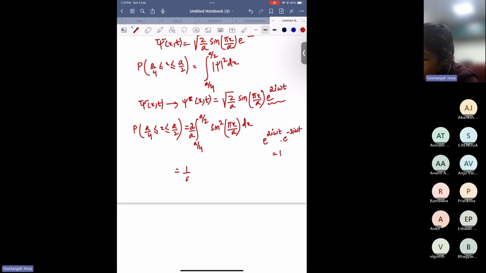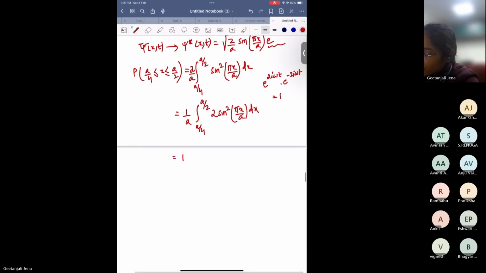You now solve it. So you can write it as 1 by a, 2 sine square pi x by a dx, and 2 sine square you can write as 1 minus cos 2 pi x by a dx.